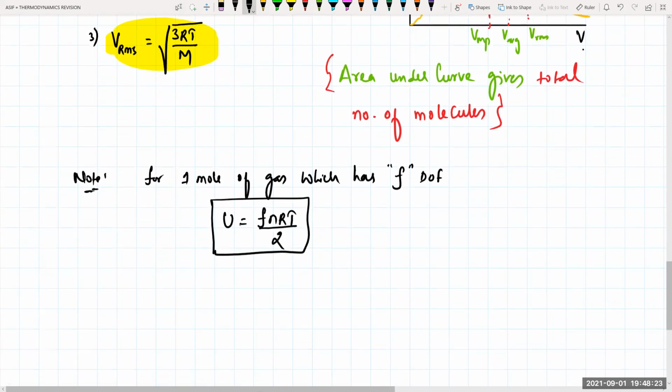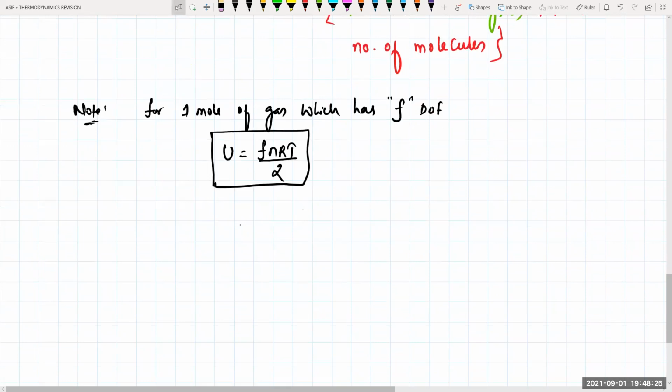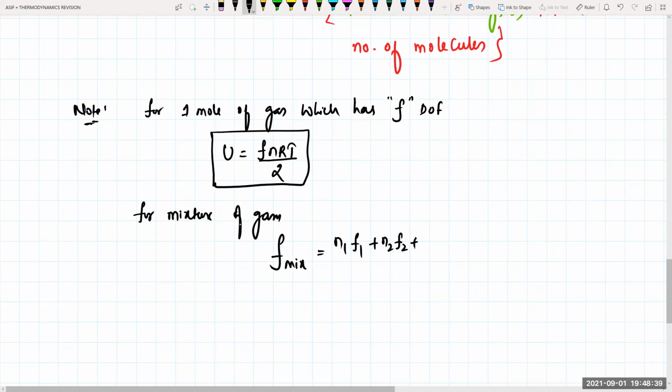Now, if I'm talking about the degrees of freedom for a mixture of gases, F of the mixture will be equal to N1 F1 plus N2 F2 plus so on up to Nn Fn, divided by N1 plus N2 plus so on up to Nn, the total number of molecules. Clear?